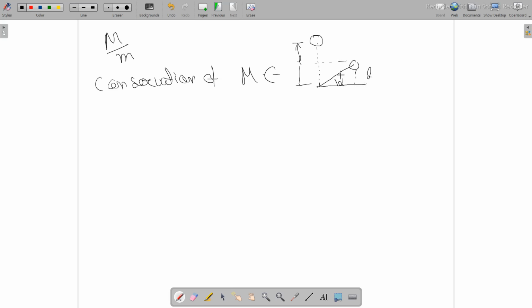So this is also L. So L sine alpha. Assume that this is y. Therefore, y is equal to L minus L sine alpha.